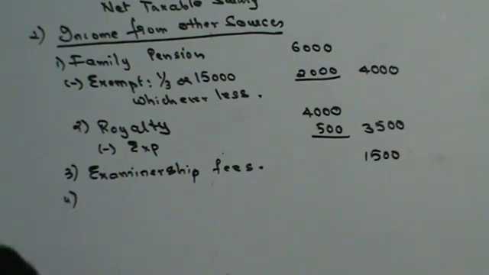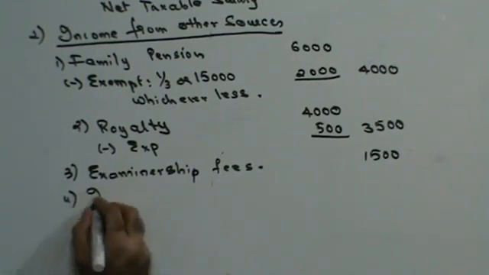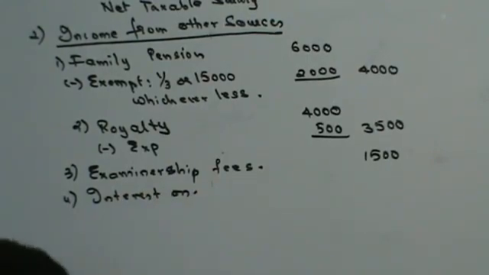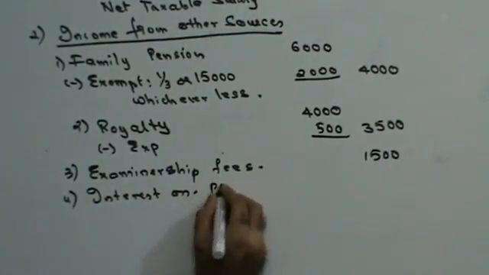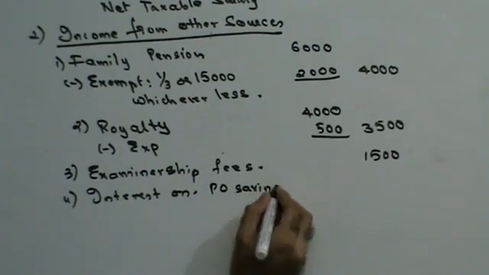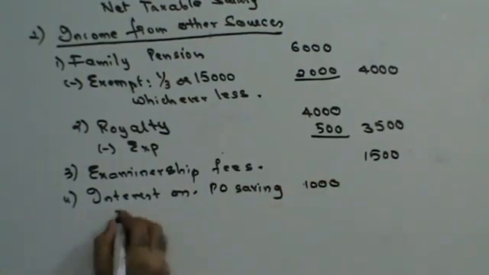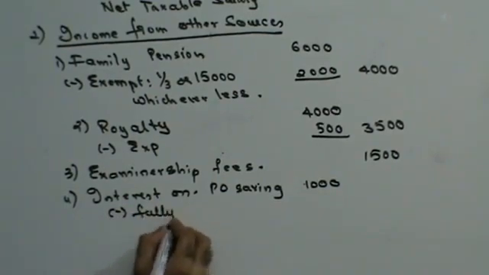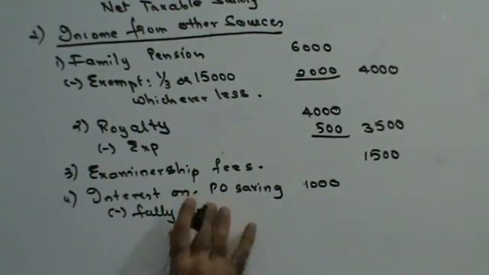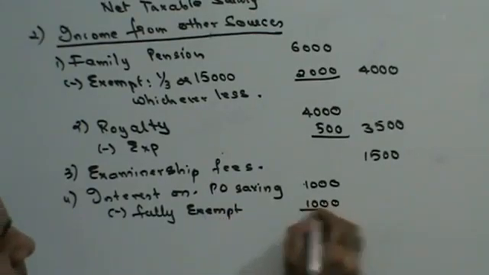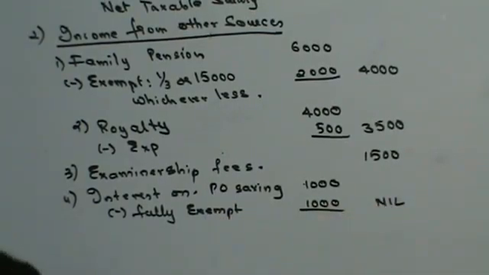Next, interest on post office savings is 1000, less fully exempt. Post office savings are fully exempt, so this becomes nil. Next, PPF.